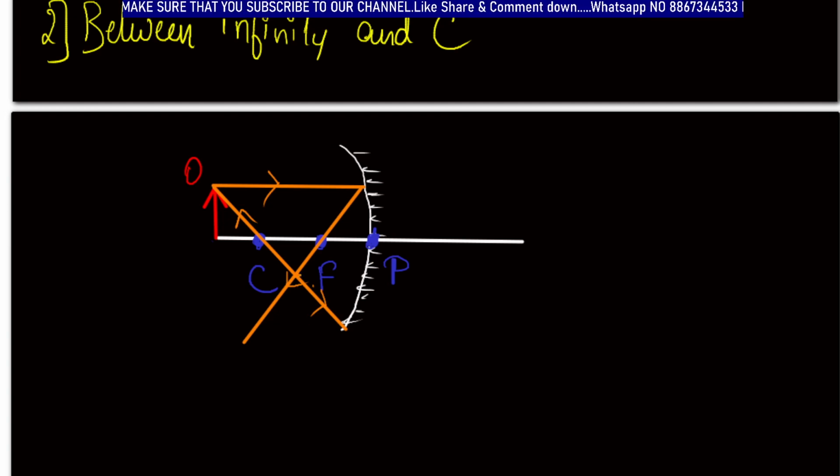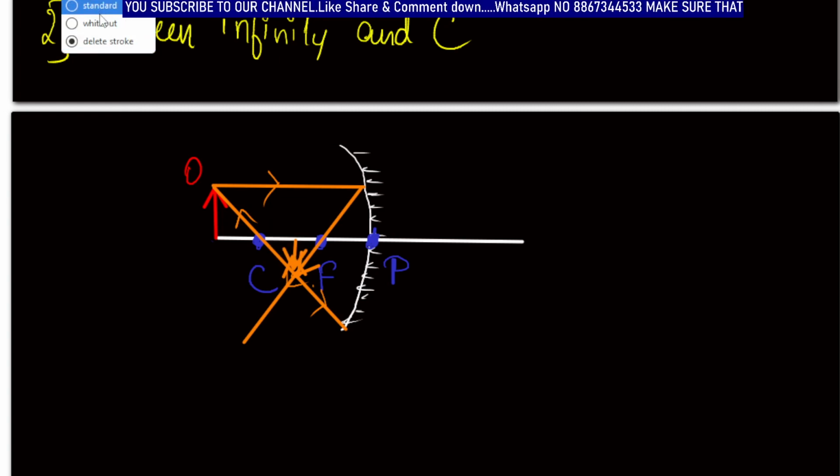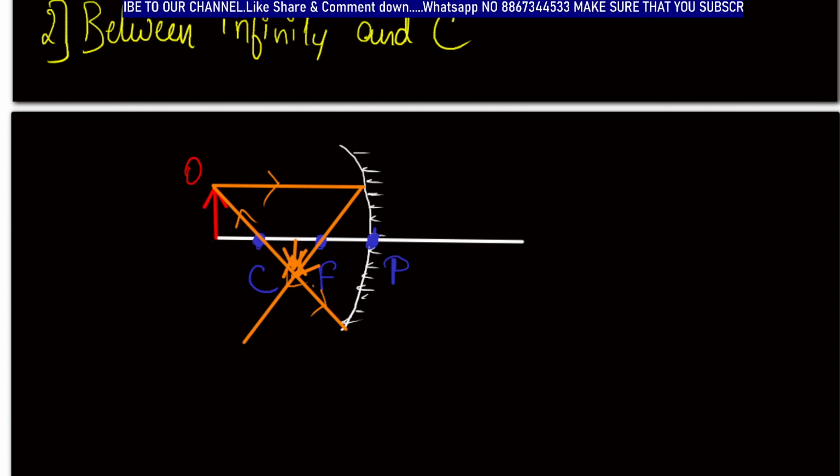Now the intersection between these two rays, where do they meet? It meets between the center of curvature and focus. It is the image formed over here.